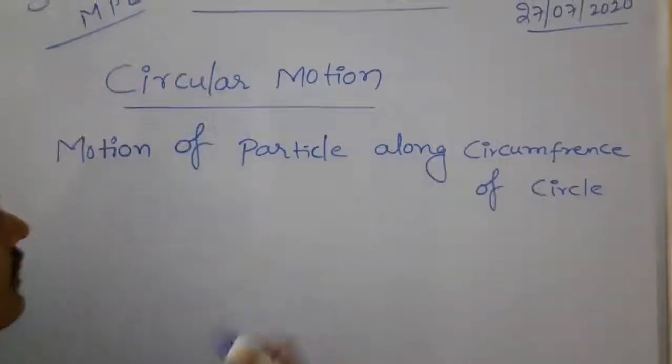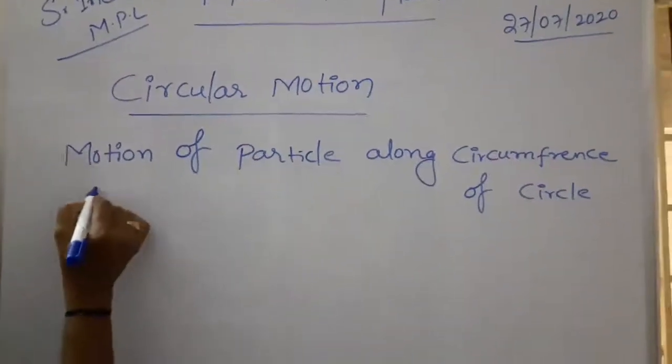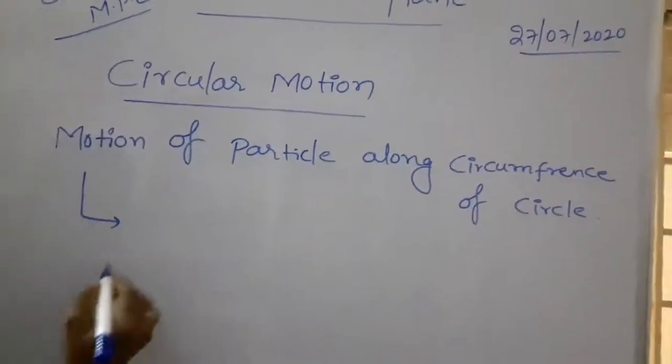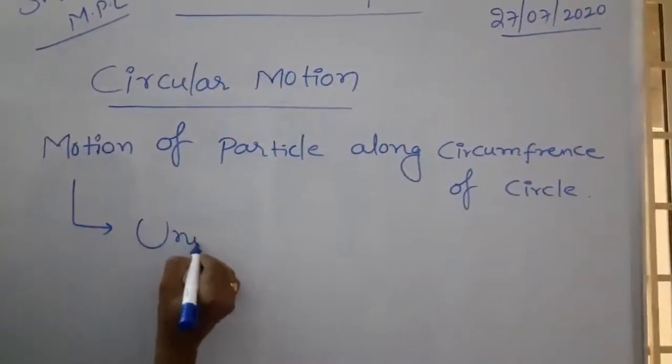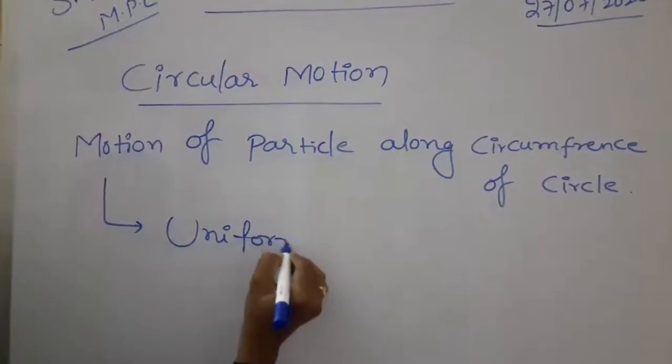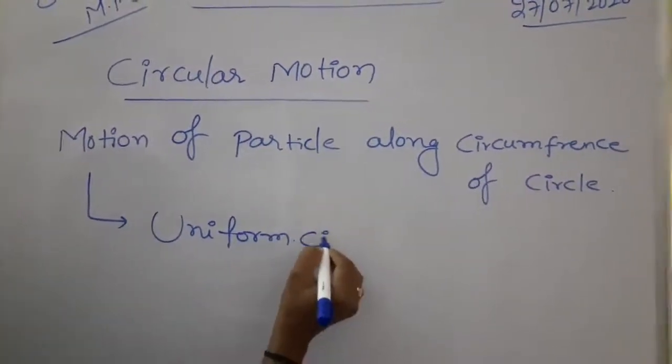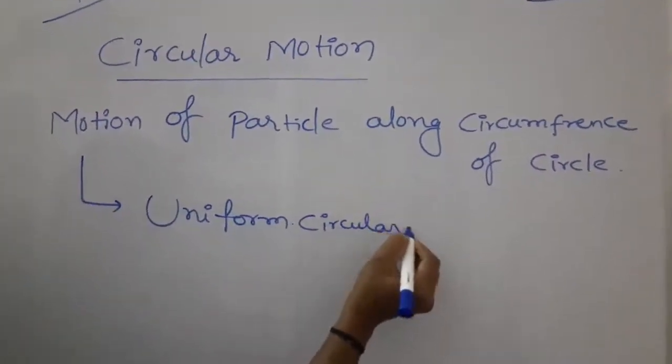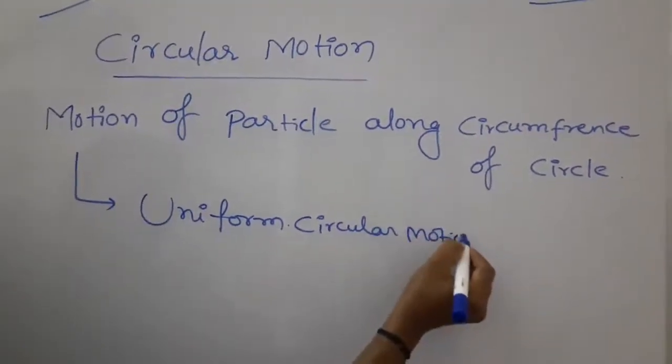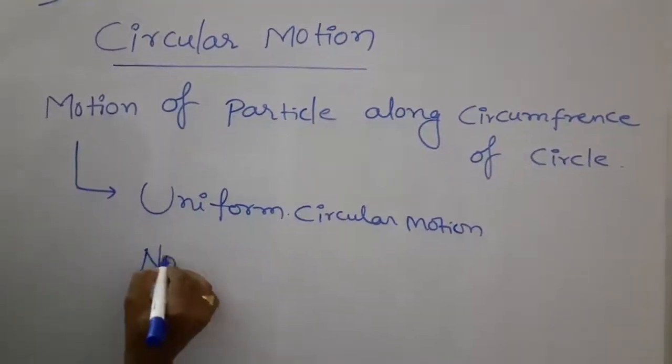Here, circular motion is classified into two categories: uniform circular motion and non-uniform circular motion.